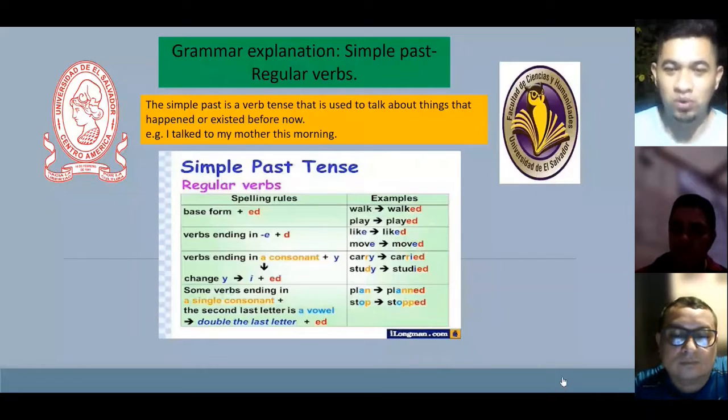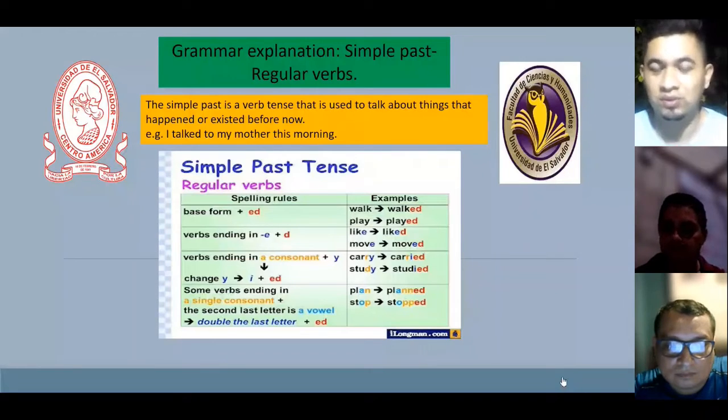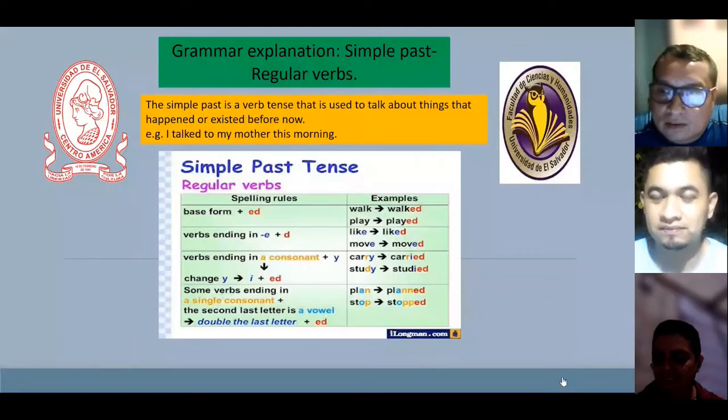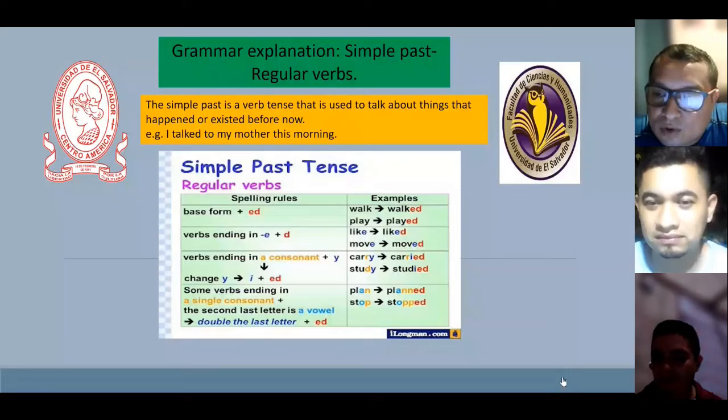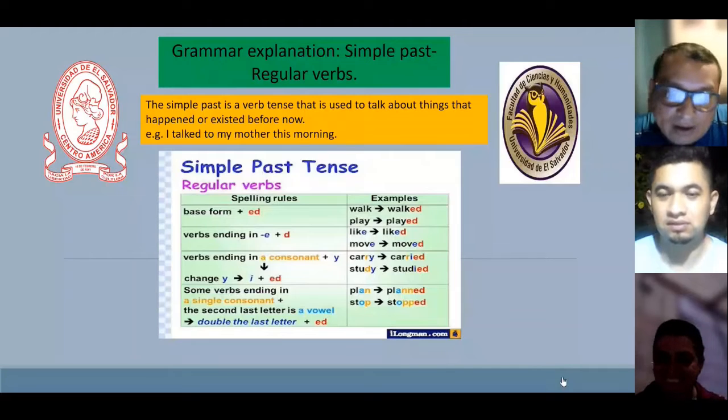Move, in the past form is going to be moved, okay? Julio, do you have any other example? Yes, the word that Jose Maria said, close, smile, smiled, escape.